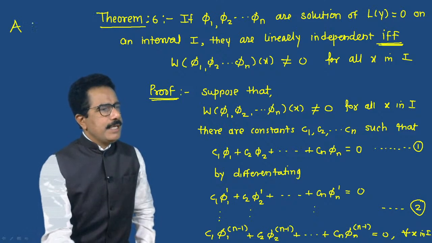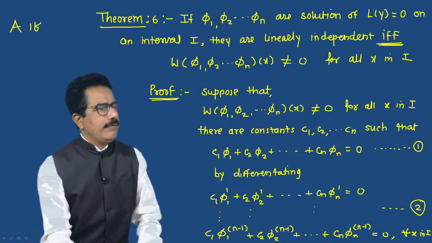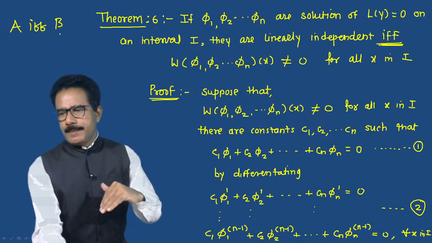Suppose A if and only if B, we can write this as, suppose A if and only if B, A is one condition and B is another condition.